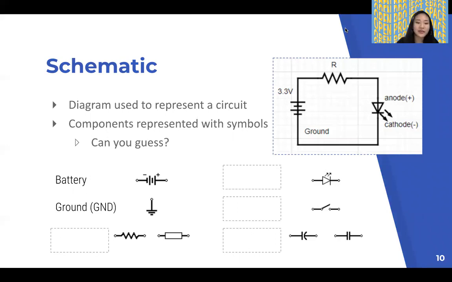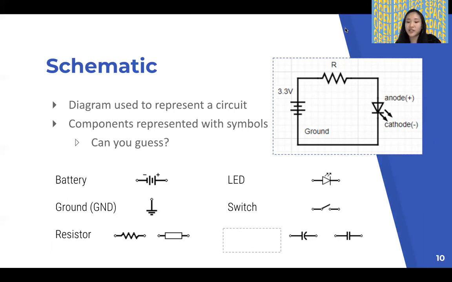And this little symbol is for ground. Wherever you see this is what you're measuring your voltage relative to in different parts of the circuit. We usually treat ground as zero for convenience. And these represent resistors. This represents an LED, a switch, and capacitors.